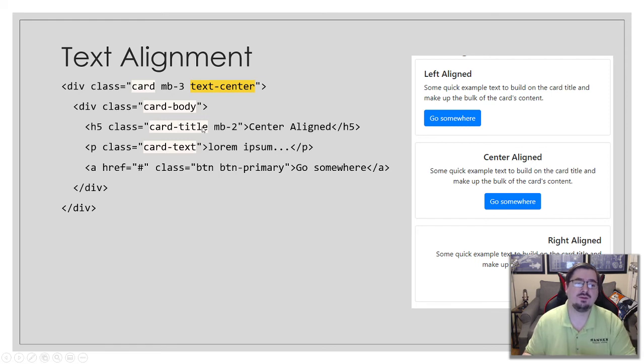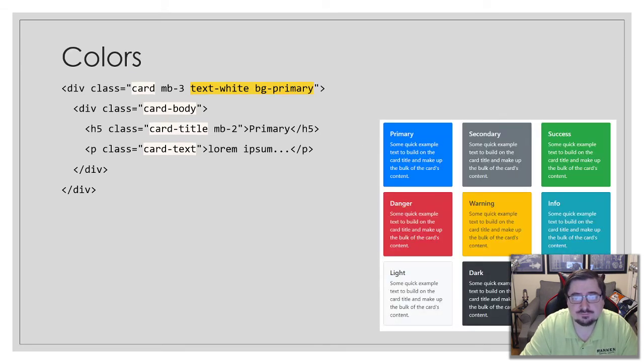Now, I would say oftentimes you're probably going to put the alignment on the body itself, because if you do have a header or a footer, you probably want those still to be left aligned, or at least aligned differently than how the body of the card is aligned. But if you don't want to align the entire card one way, you can put that on the outer layer, the outer container.